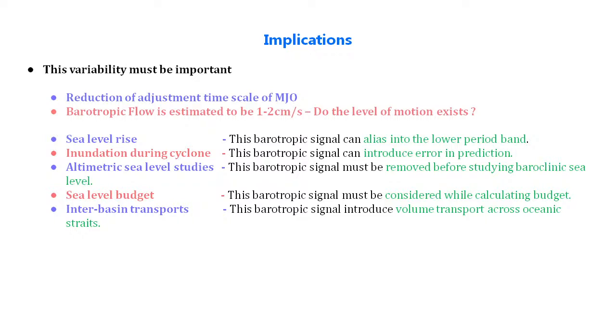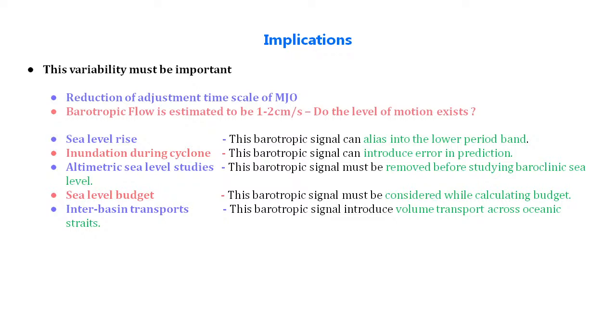So there is a reduction in the adjustment time scale of the MJO. And during each barotropic sea level cycle, that is 30 to 80 days, the flow associated with this, derived from the barotropic flow model velocities, is estimated to be 1 centimeter per second. That means the entire total water column moves 1 centimeter per second.